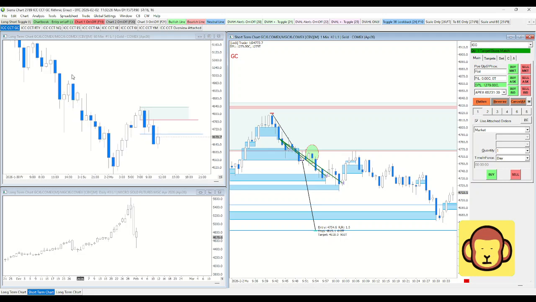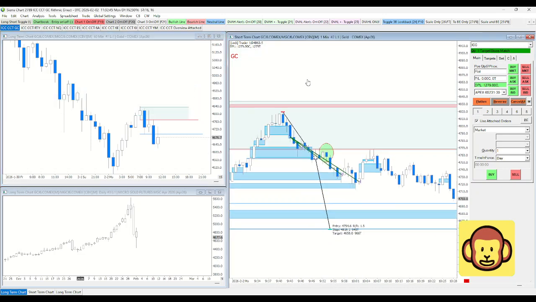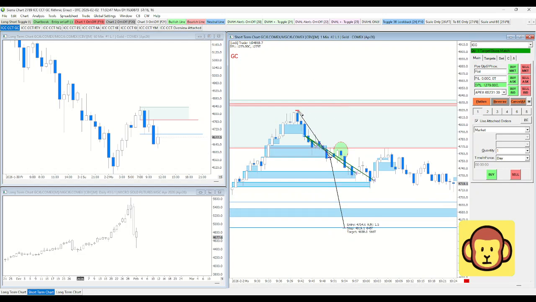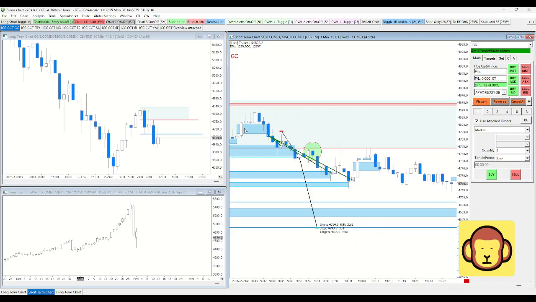I think I was considering this area of value. I mean, look, it does actually kind of make sense, but it's hard to know, isn't it? The other thing I could have done is entered there with the 1 minute and taken this as a swing, which would give me a much tighter entry.